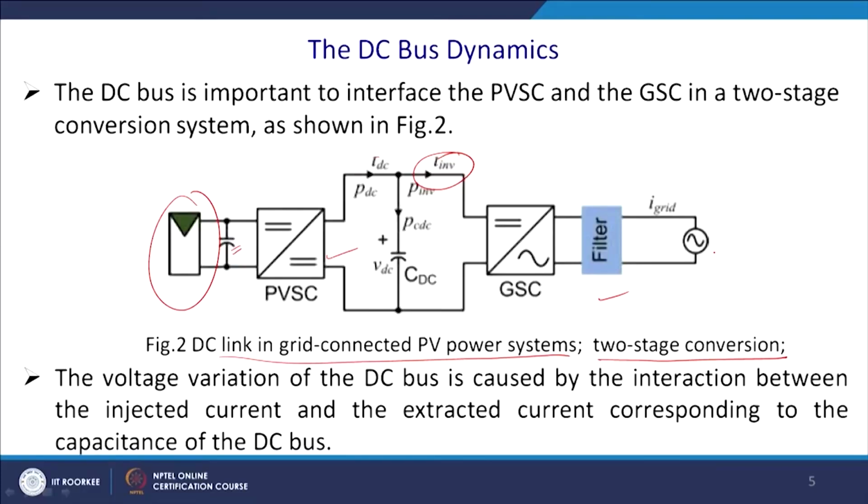Vice versa, if you are trying to supply more load, then the capacitor voltage will sink. If you are putting charge into the capacitor, voltage will swell, and if you are taking charge out of the capacitor, voltage will sink. Thus, you are required to have a balance between IDC and INV.